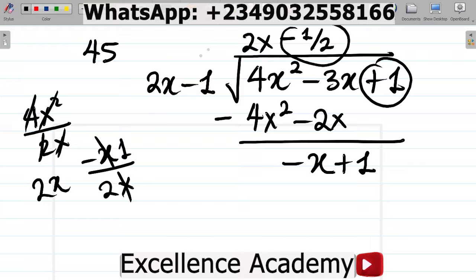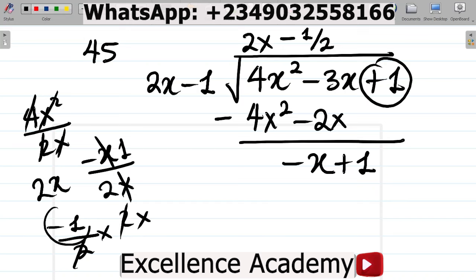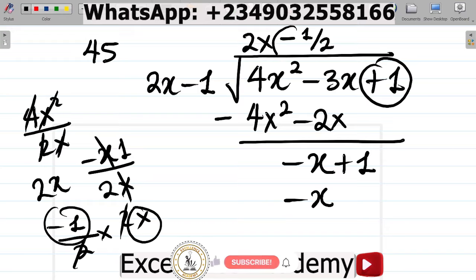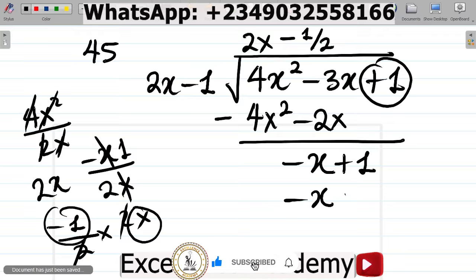Now, minus 1 over 2 times 2x gives you minus x, right? 2 cancels this. So minus 1 times x gives you minus x. Minus 1 over 2 times minus 1. Minus minus gives you plus. So it becomes plus 1 over 2.